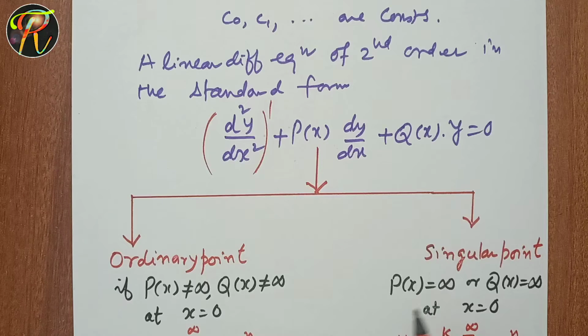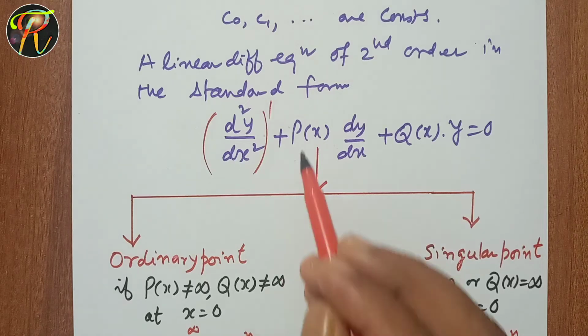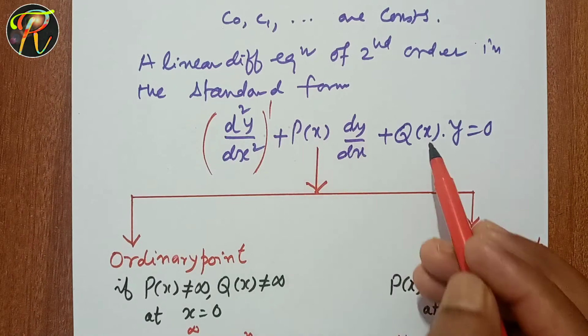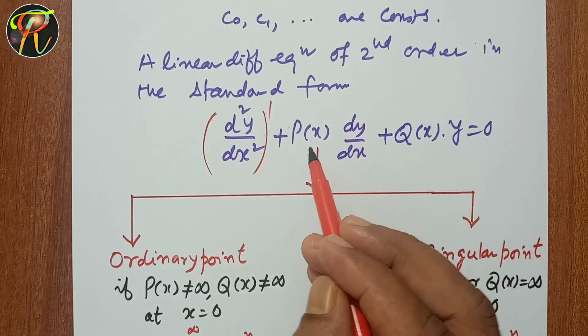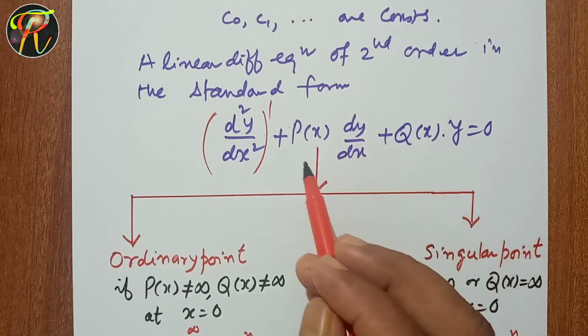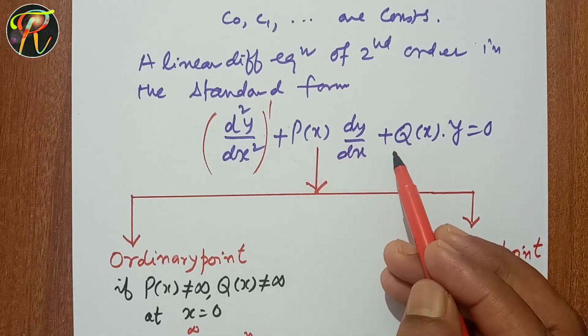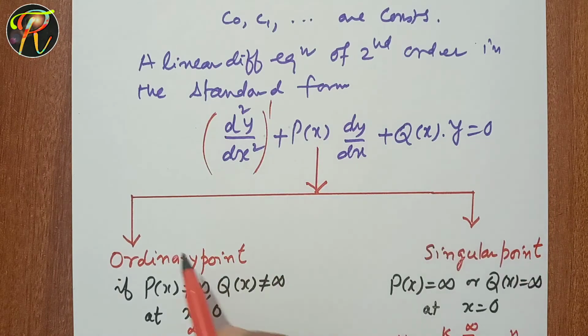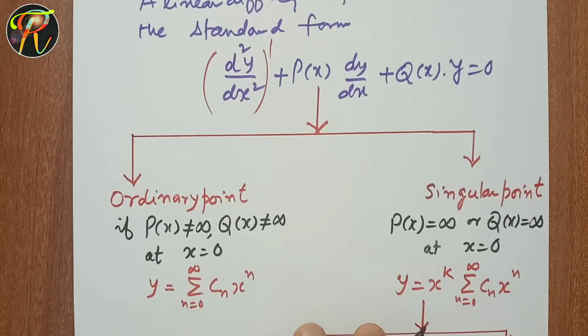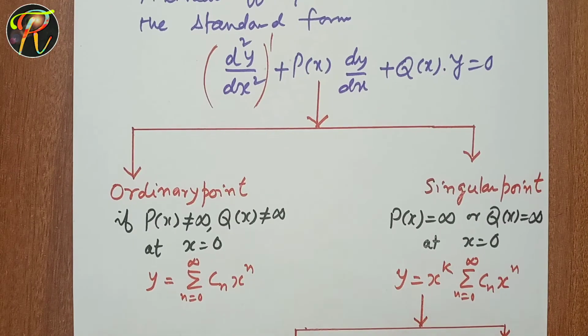First we see what the nature of P and Q is at x equal to 0. If P and Q are not infinite, means it is not a singular point, then we will solve by taking a simple series y equal to sigma c_n x to the power n.